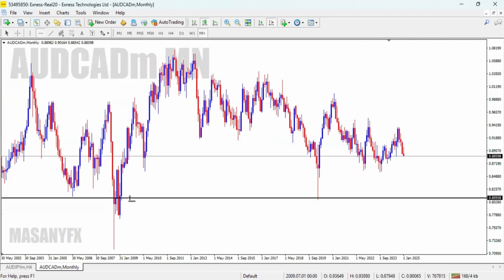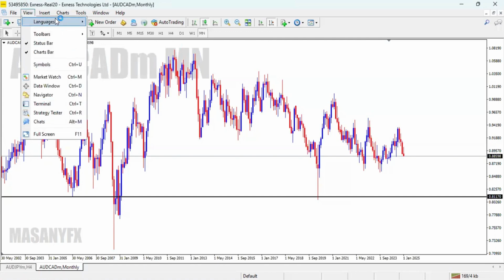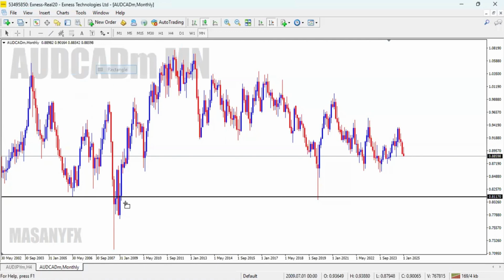What I see here, I see this is a QML, right? See this V, and this is an MPL as well. This was your MPL.